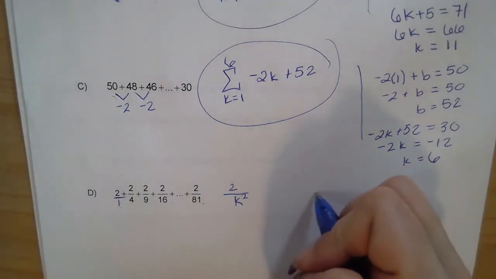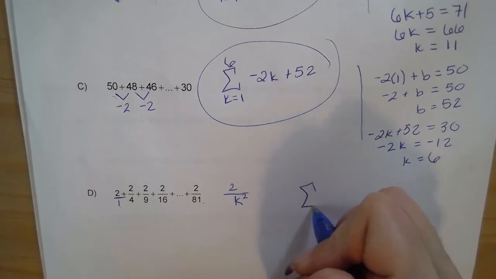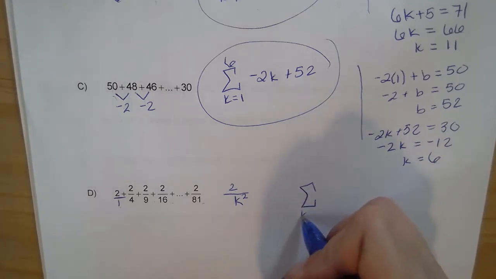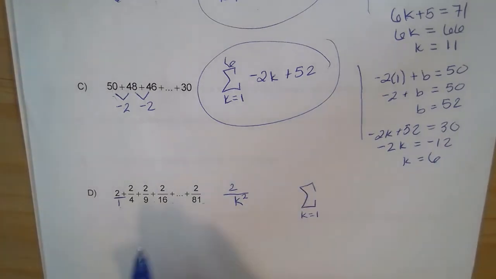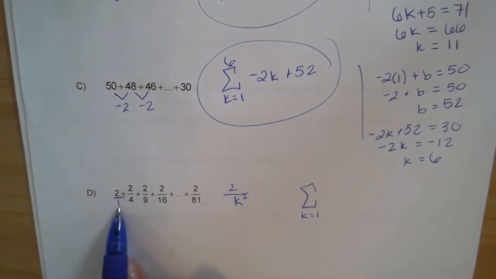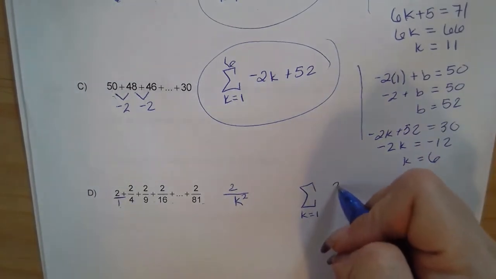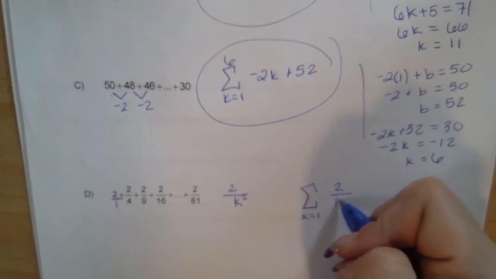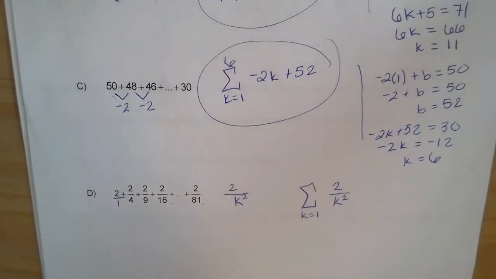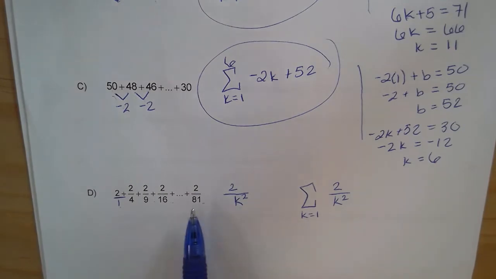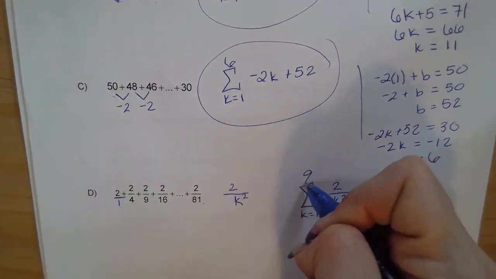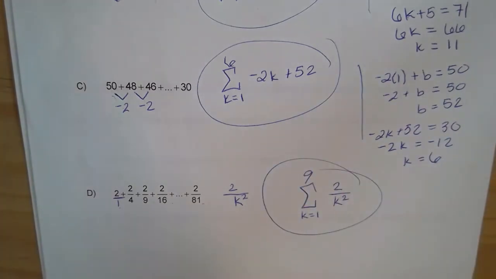All right, so let's start making our summation. We're going to start at 1 in this case because 1 squared is 1. It looks like this is our equation. And now what would be our last term? Well, what number do you square to get 81? Well, that would be 9. And that is our final answer.